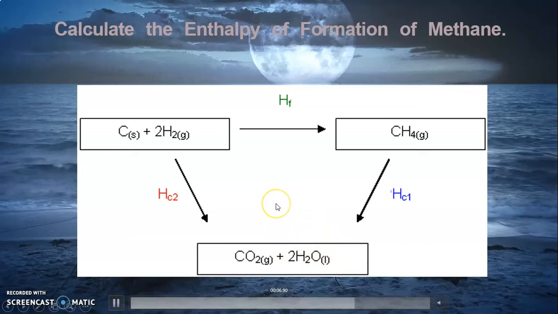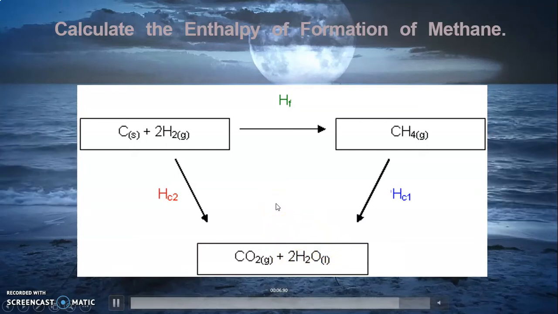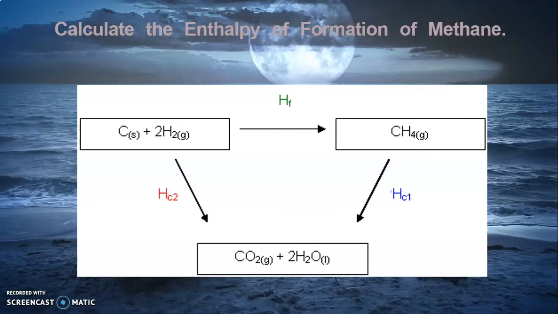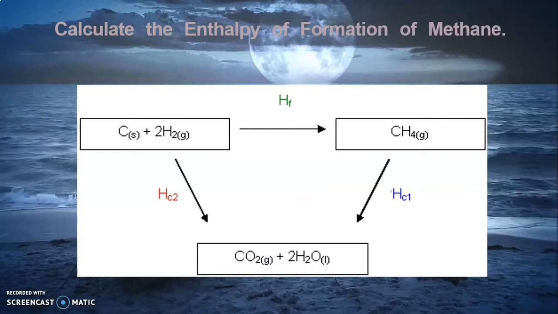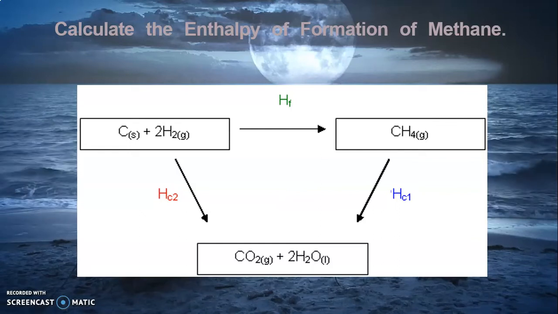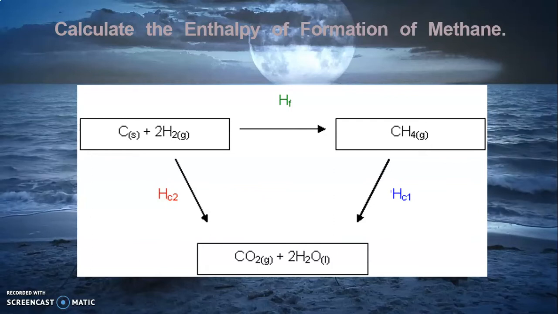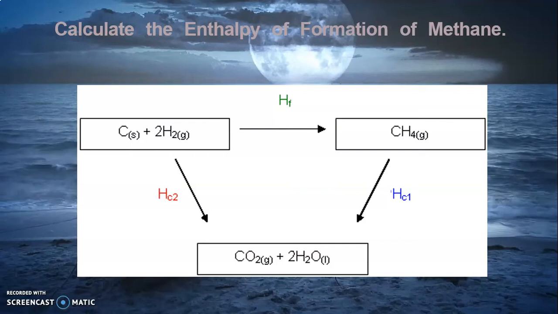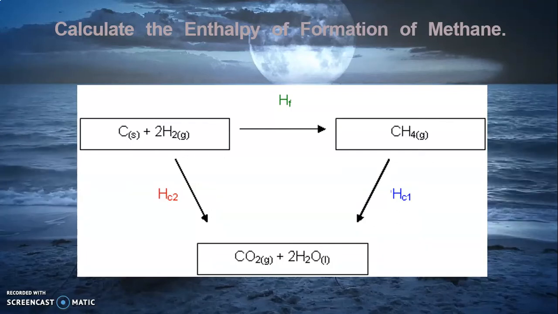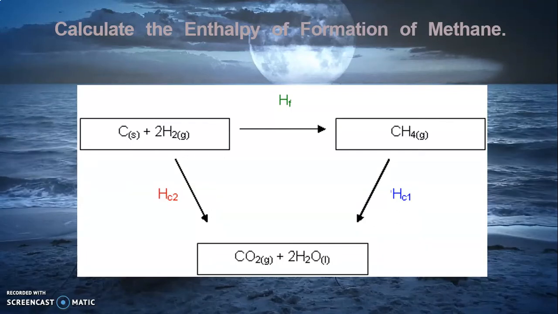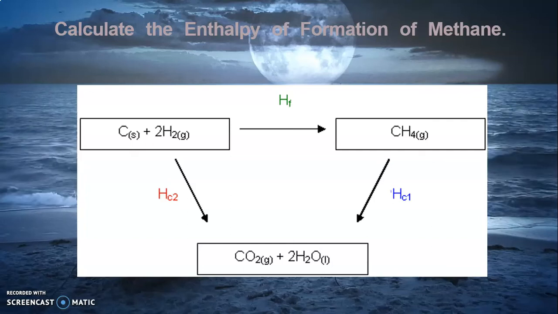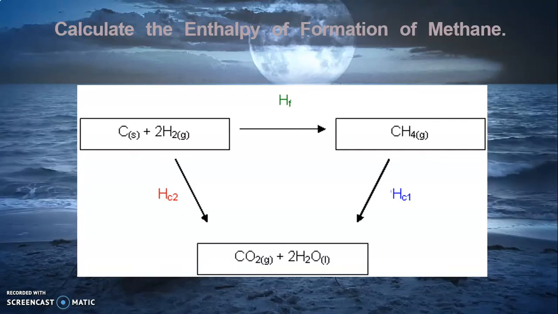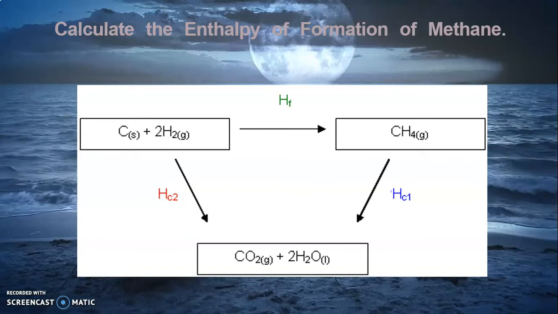Now, what are the data that you probably have to find from your textbook or tutorial book or from the internet? From what I see in the diagram here, you have to find the data. Normally you should be able to find the enthalpy change of combustion of carbon, and the enthalpy of combustion of hydrogen.